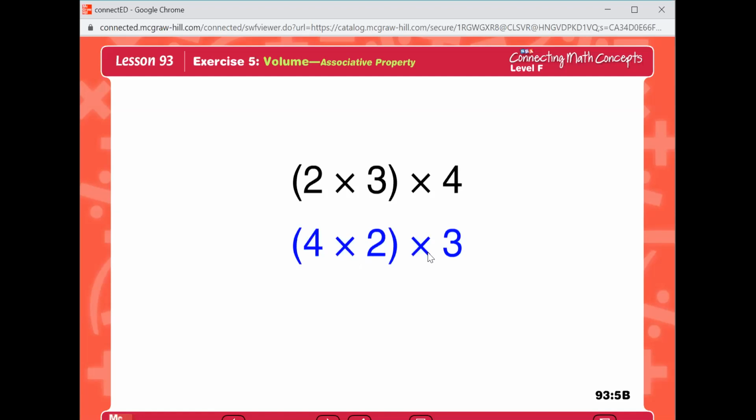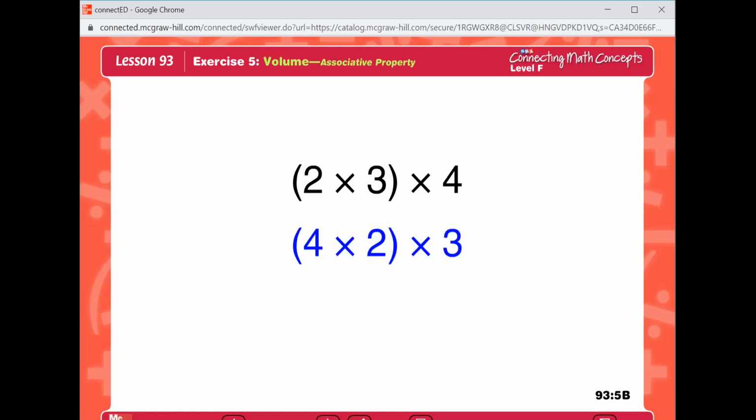So, what I said earlier, I misspoke. If you scramble the orders, you're still going to get the same answer. So here we have 2 times 3 goes first, which is 6, times 4 equals 24. Here we have 4 times 2, which equals 8, times that by 3, also equals 24.